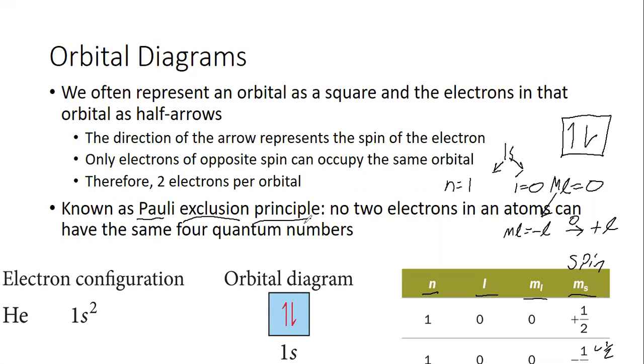So if we look at the orbital diagram I just drew, and is also drawn at the bottom of the screen there, I can list these quantum numbers, which is actually done on the right-hand side right here. So this up pointing arrow has quantum numbers 1, 0, 0, plus 1/2. This down pointing arrow, or electron rather, has quantum numbers of 1, 0, 0, minus 1/2.